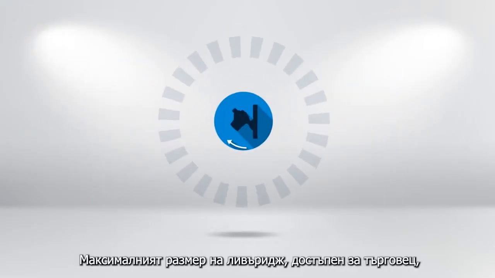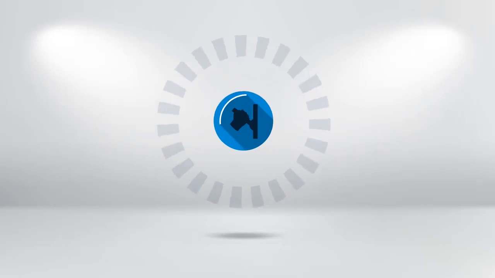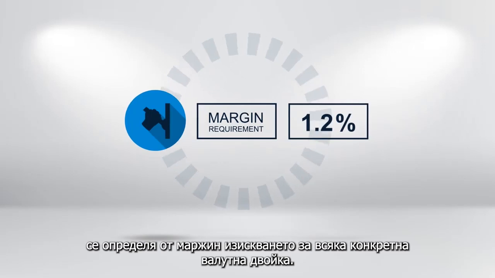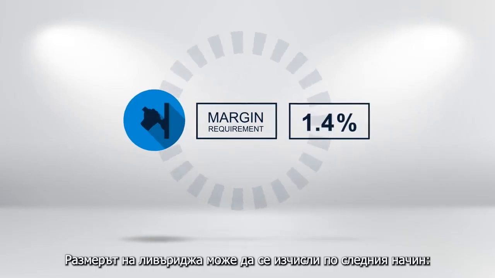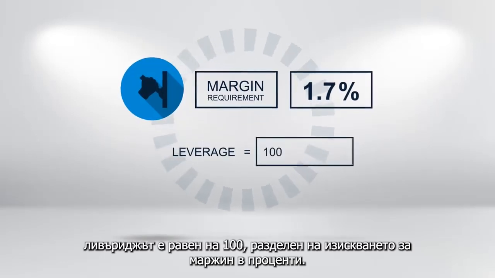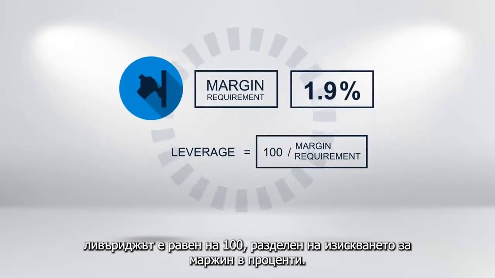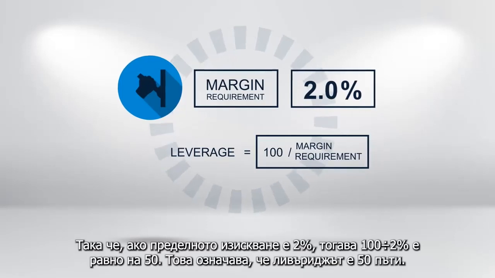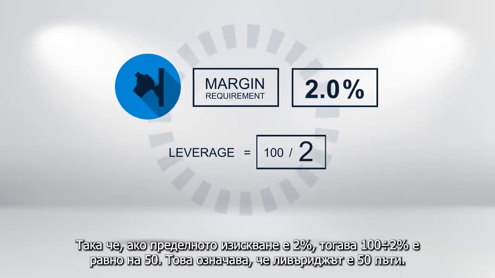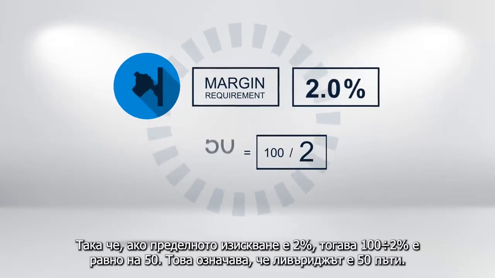The maximum amount of leverage available to a trader is defined by the margin requirement for each specific currency pair. The amount of leverage can be calculated like this. Leverage equals 100 divided by the margin requirement in percent. So if the margin requirement is 2%, then 100 divided by 2% equals 50.